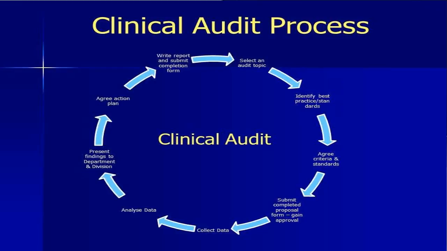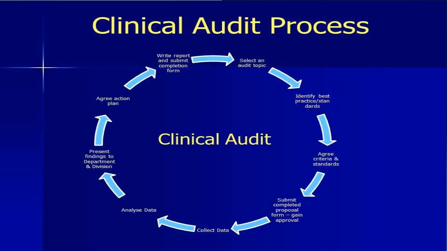And then you need to submit the completed audit proposal form, which we will go over in some more detail later on. There's a period of data collection, a period of data analysis, and then a presentation of your findings at either departmental or divisional level.